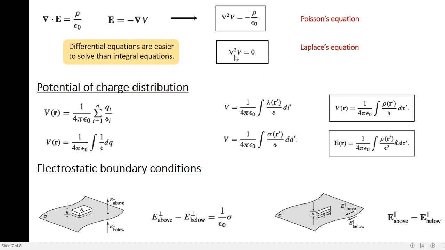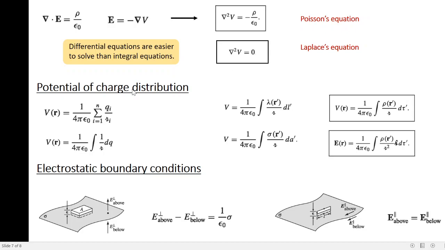When you first time learned the differentiation or integration in your +1, +2, I'm sure most of you found differentiation much more easy compared to integration, right? So a differential equation is much more easy to solve than integral equation. So instead of trying to spend a lot of time on solving the Coulomb's equation, you can solve this Laplace's equation, get the potential, and from that potential you can back calculate the electric field.